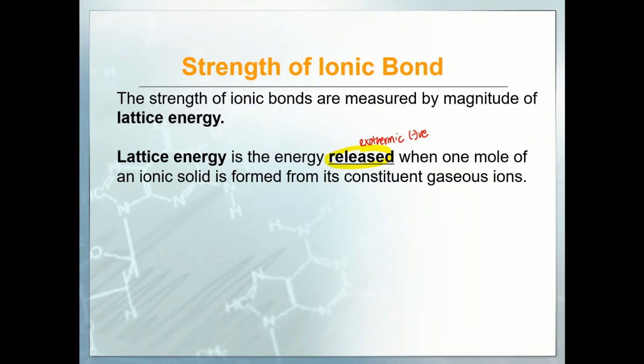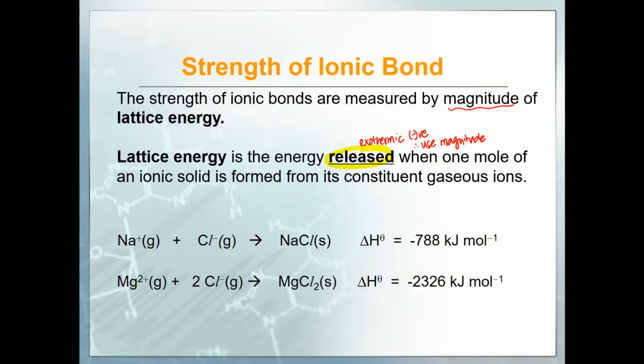If you have learned enthalpy change, exothermic means that the delta H will be negative. Therefore, when we talk about lattice energy, we always refer to its magnitude. For example, the lattice energy of sodium chloride is negative 788.